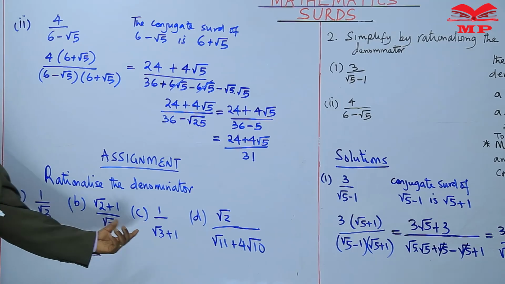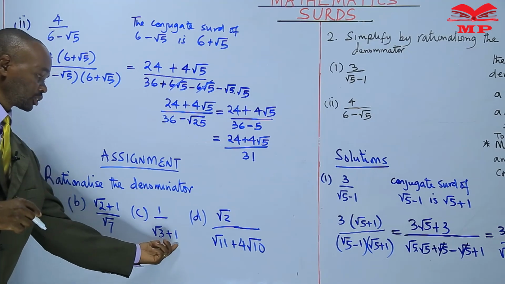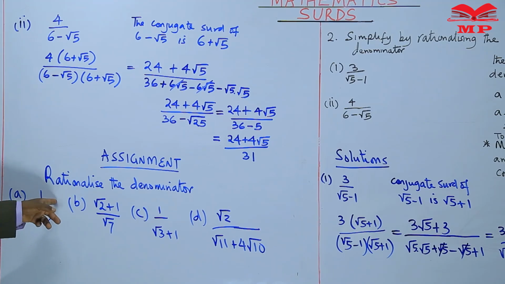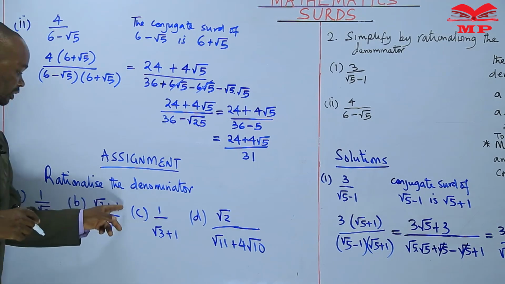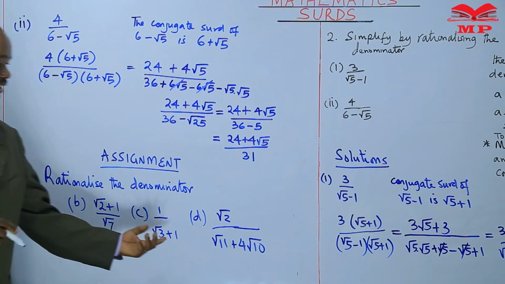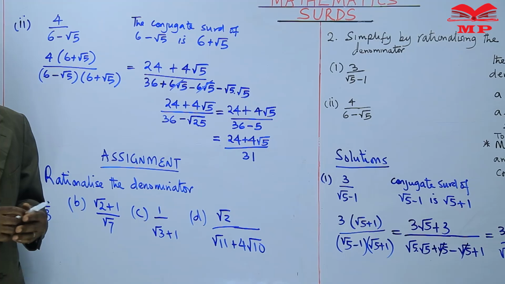So here you need a conjugate surd. In these two, you need a conjugate surd. For these ones, just multiply this by square root of 3 over square root of 3, and here by square root of 7 over square root of 7. But in these two, you need the conjugate surd.